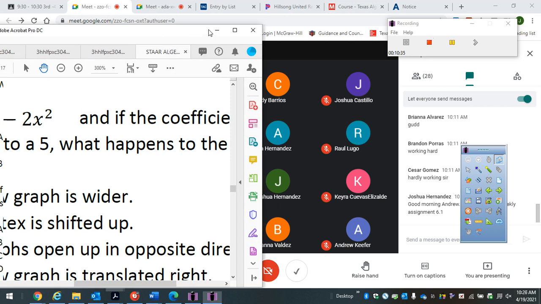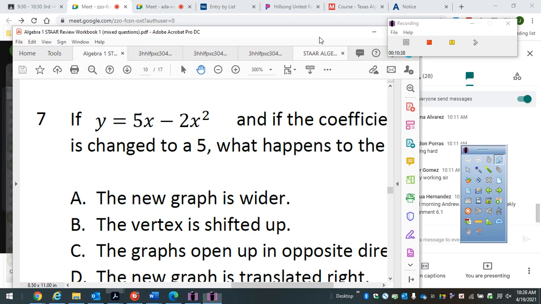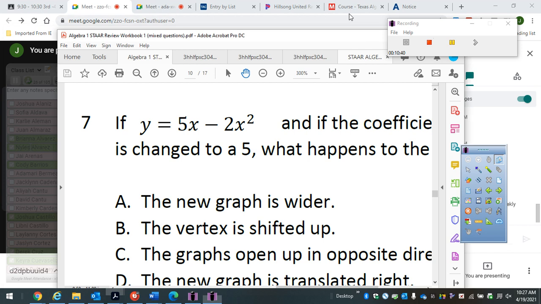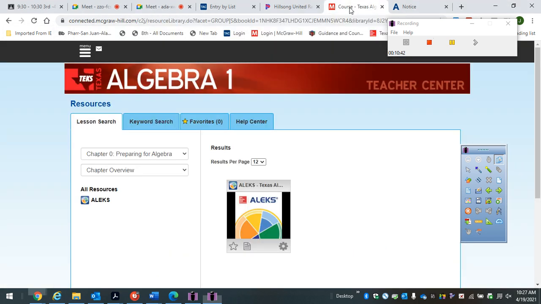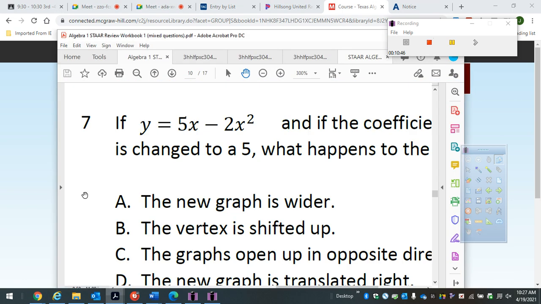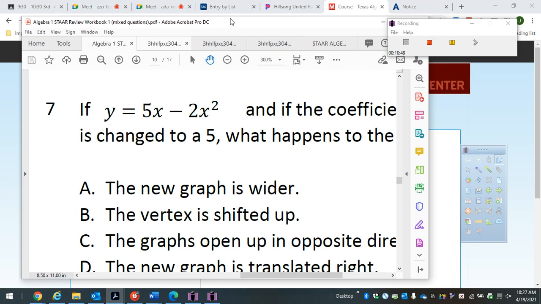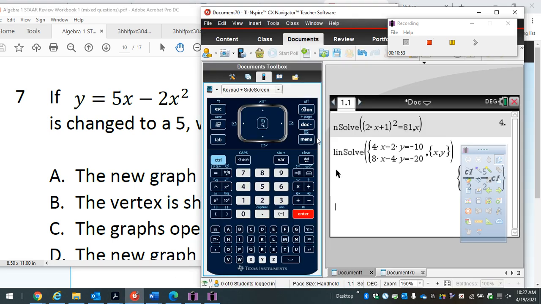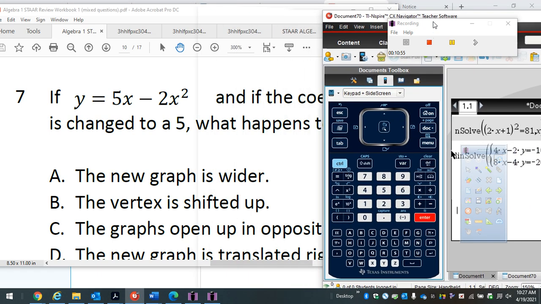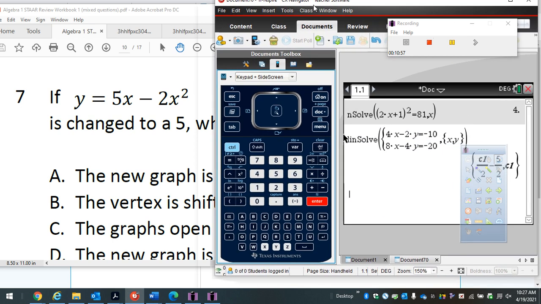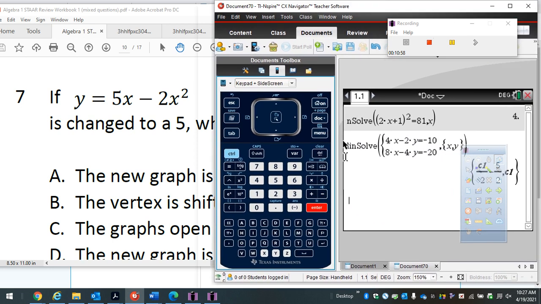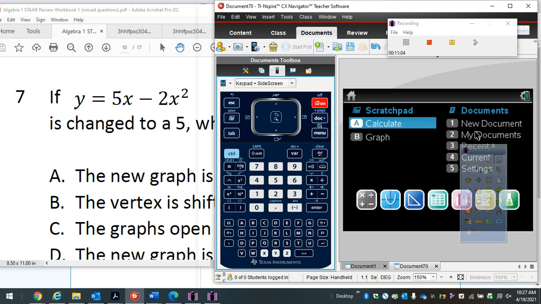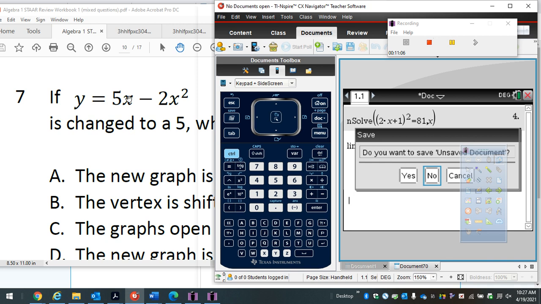I don't even know what that thing looks like. So let's graph this one first.